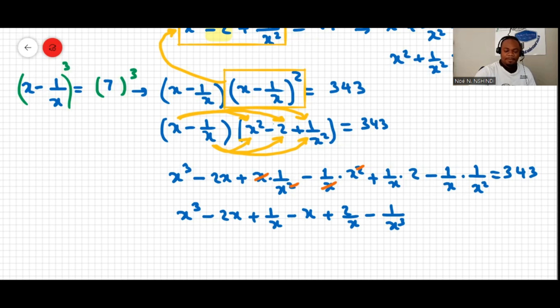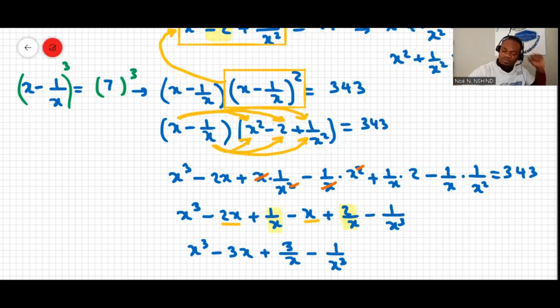Now, let's look at this: that one has the same denominator, so we can combine them. So this makes x cubed minus 2x, no, not 2x but 3x, because I combine this and that, and then plus 1 over x plus 2 over x, that makes 3 over x, and then minus 1 over x cubed.